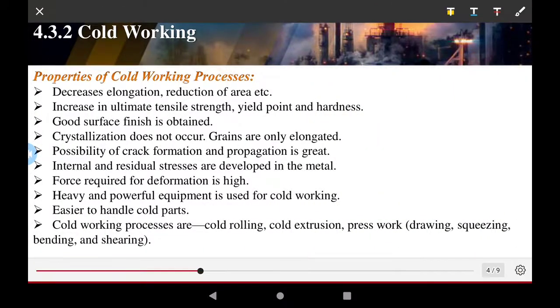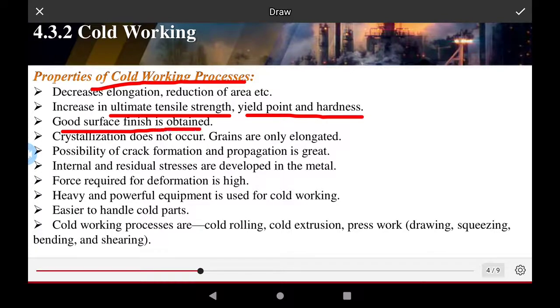Properties of cold working process: decrease in elongation and reduction of area, increase in ultimate tensile strength, yield point and hardness. Good surface finish is obtained. Recrystallization does not occur; grains are only elongated.